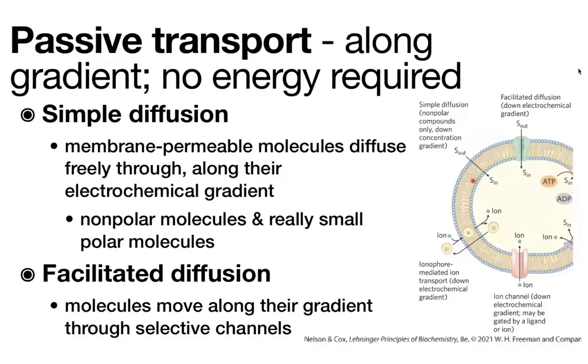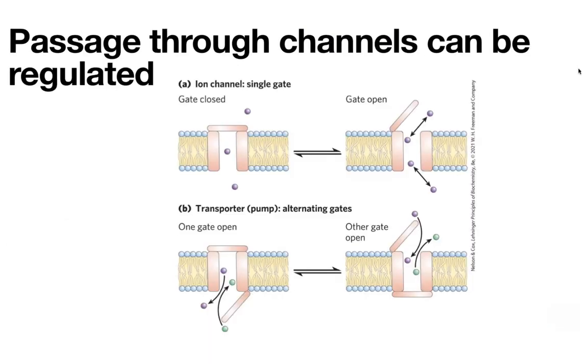If it's going along its gradient, so we say it is passive transport, you could still have facilitated diffusion where it needs some sort of channel to help it, or it could just be passive diffusion where it can freely diffuse through. One of the additional benefits of facilitated diffusion is that you can actually control the channels, with voltage or with some ligand binding.